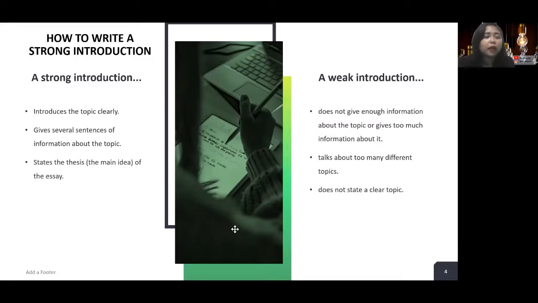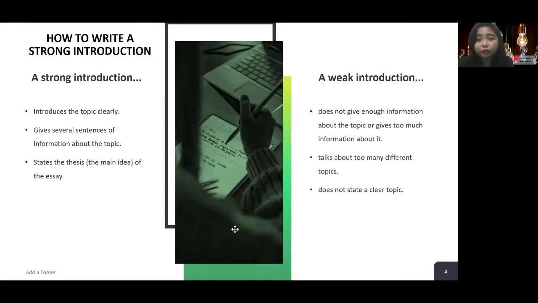And then state the thesis, the main idea of the essay. Don't forget it, because that's the most important thing of your introduction, the thesis statement.